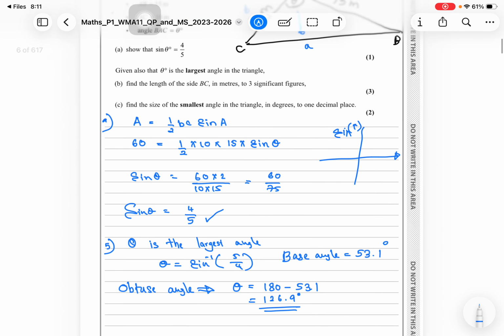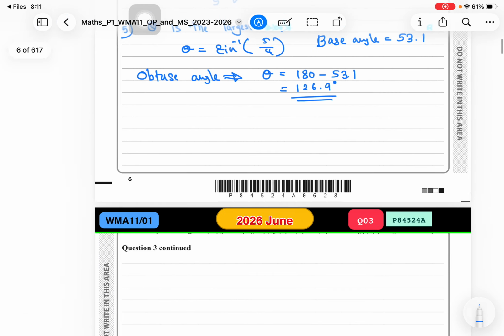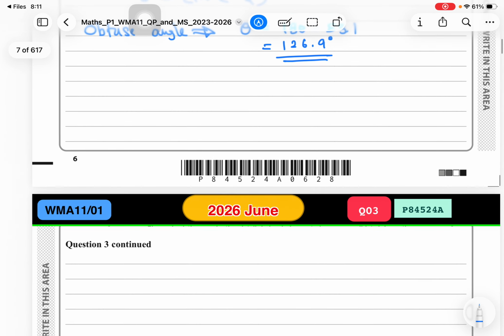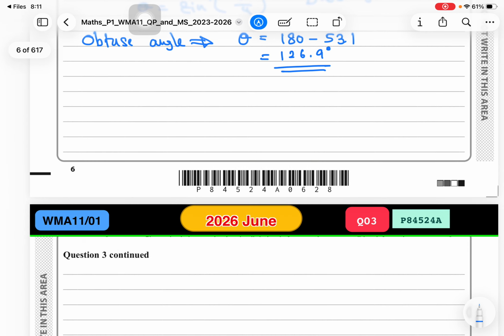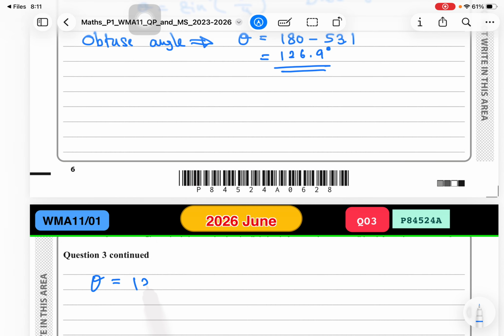Let me do it on the next page more clearly. The angle theta is 126.9. This is the angle that you need to know.